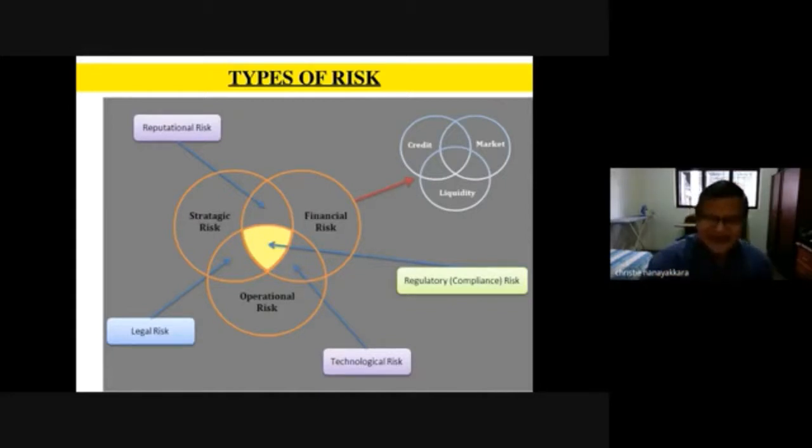Then the other circle is related to operational risk. Operational risk is generally described as risk related to people, systems, and events. People can be outside people or inside people. That means it can be employees or the general public.